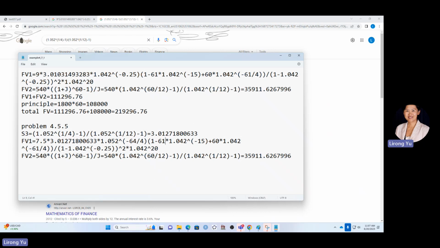And over here is going to be 64 plus 1, that will be 65. And here is going to be the 64 over 4. And this is 64 payments instead of 60 payments.